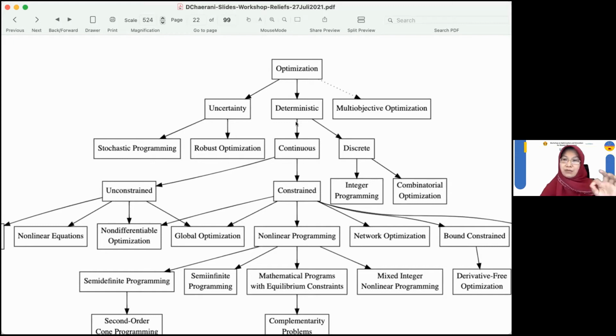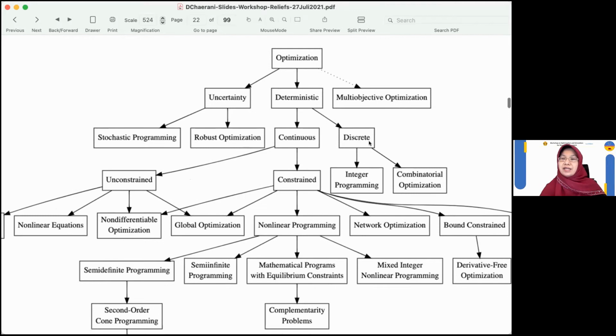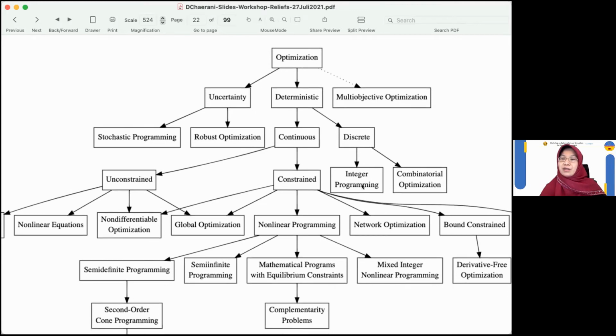And then the deterministic means that the data input is known, and we can divide it into continuous or discrete. The discrete one is stated as combinatorial optimizations. If integer is about the variables, in combinatorial we're talking about sets.